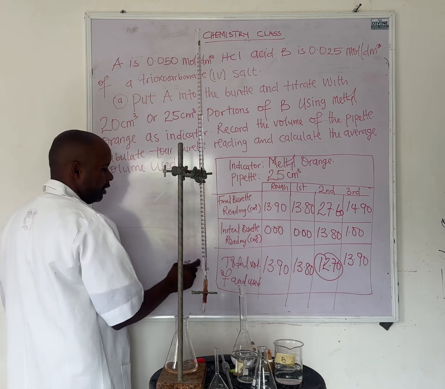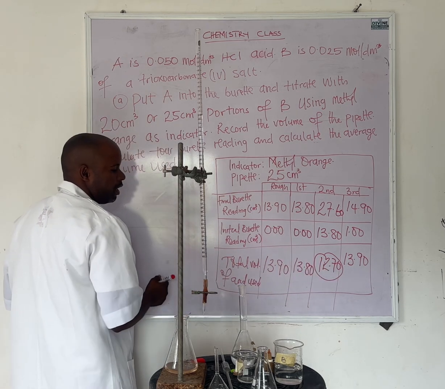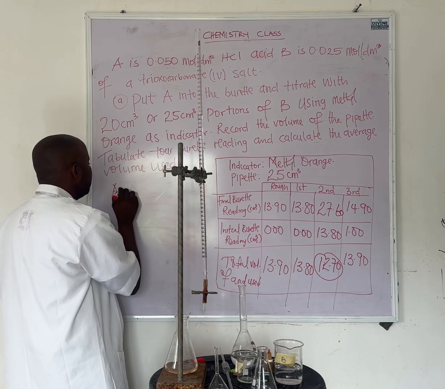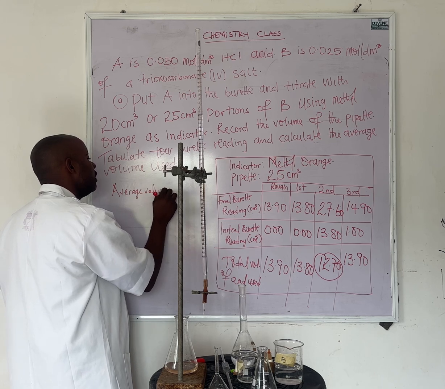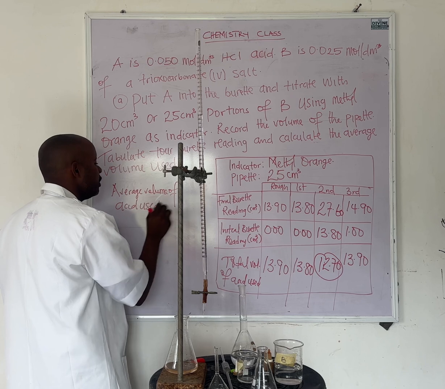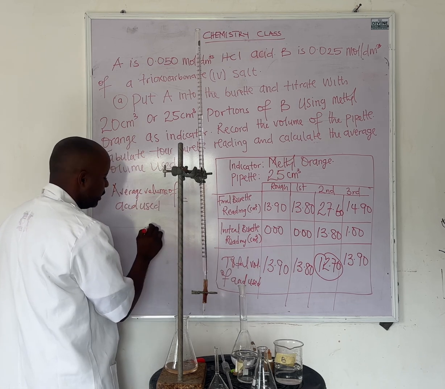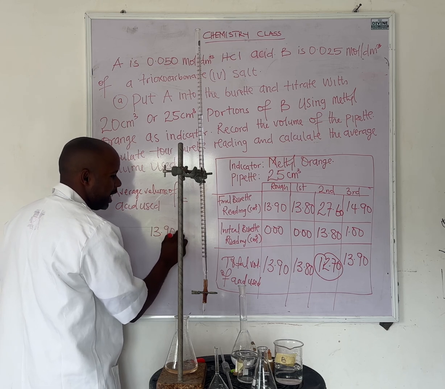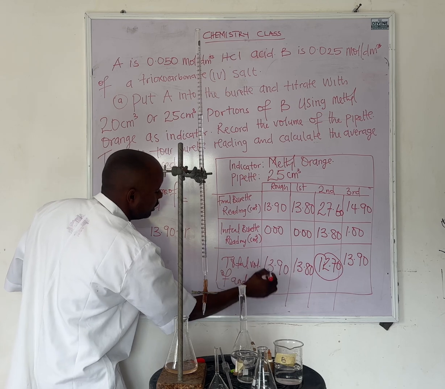Here now, since these values are very close, I can actually use them for the average volume of acid used. The rough is out of it.